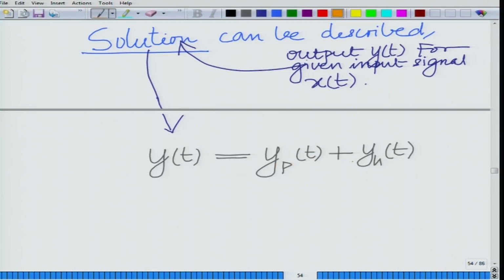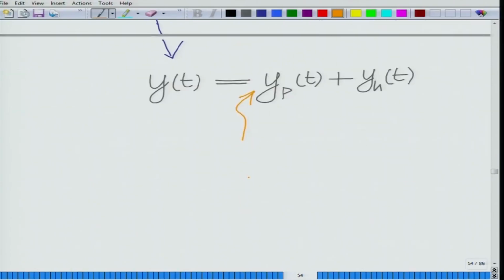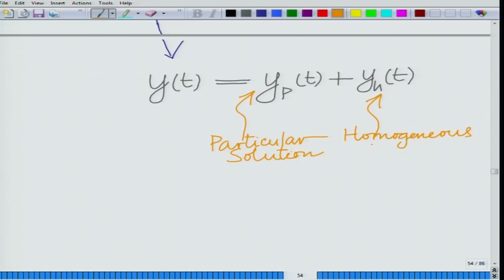This y_p(t) is termed as a particular solution, and this y_h(t) is termed as a homogeneous solution. So, we have two things, the particular solution and the homogeneous solution.